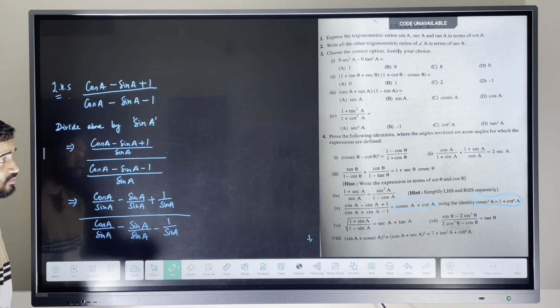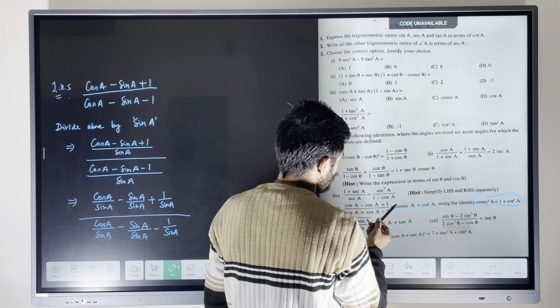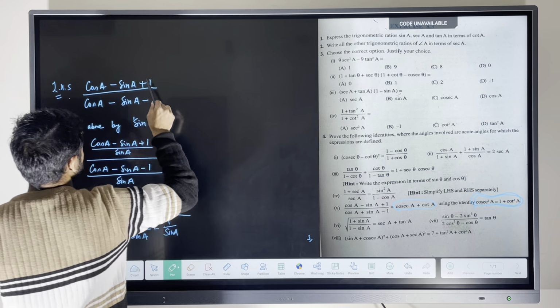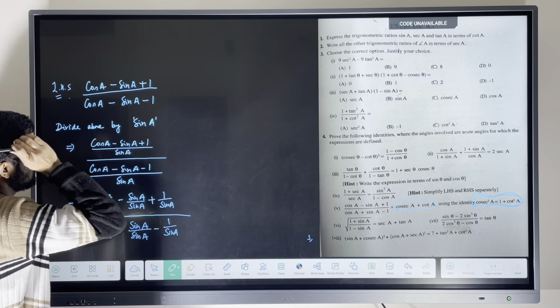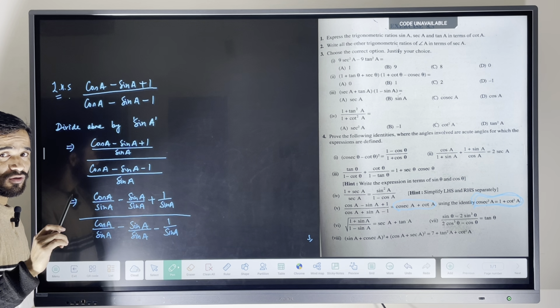Why did I divide this by sin A? Because we need to change it into the form of cosec and cot. Here we have 1 upon sin, which is cosec. Sin and sin will cancel out, and cos upon sin is cot.